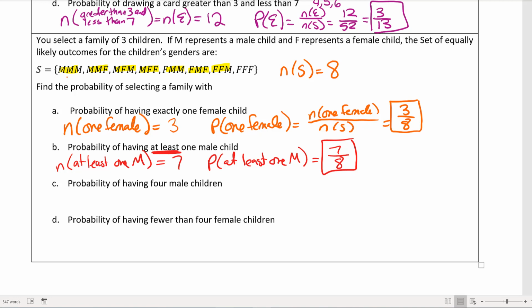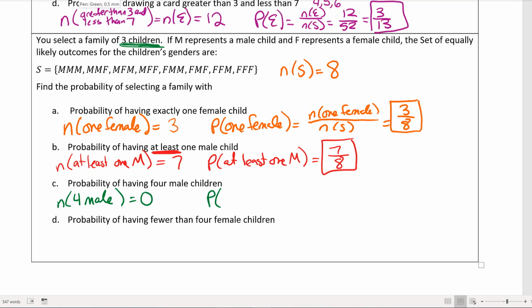Our next problem says, what's the probability of having 4 male children? Now, looking at our sample space, each one of these has only 3 children, and that's because that's what was given in our direction. So how many different ways could we have 4 males? Well, none, because there's only 3 children in this problem.